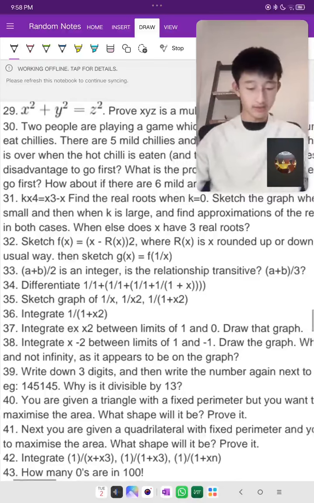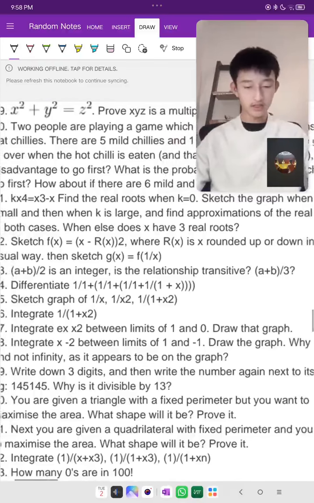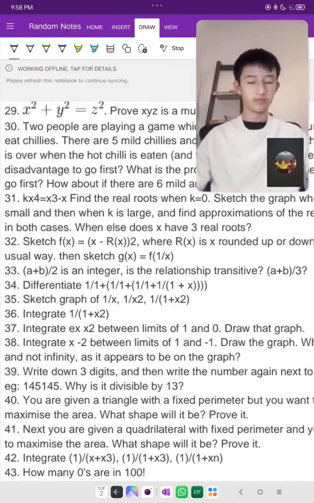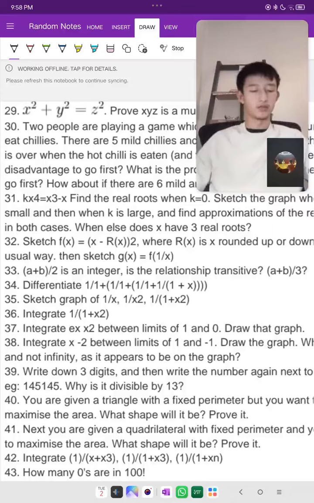a plus b over 2 is an integer. Is the relationship transitive? So, by transitivity, I think that should mean if a plus b over 2 is an integer. Wait, what's the relation here? Adding and subtracting by 2.